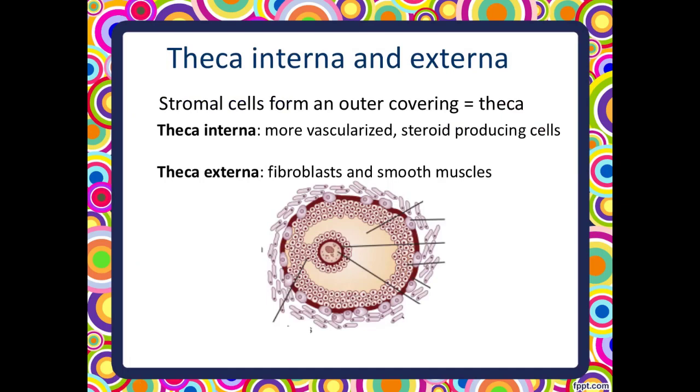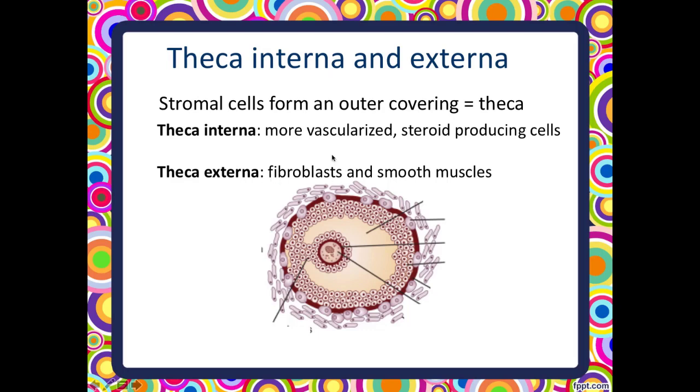So stromal cells, those special fibroblasts, form an outer covering surrounding the follicle, which is called the theca folliculi, dividing into the theca interna and theca externa. The interna is more vascularized because it serves as an endocrine organ, and it contains steroid-producing cells, namely the androgen-producing cells.